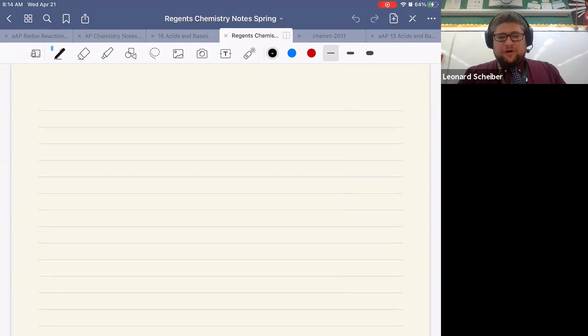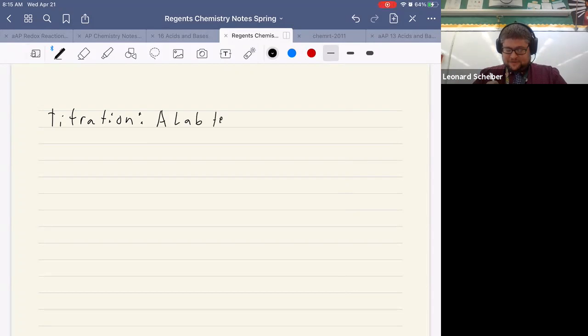And today we're going to be talking about a really useful, really cool laboratory technique. This laboratory technique is called titration. It's a lab technique to determine the unknown concentration.